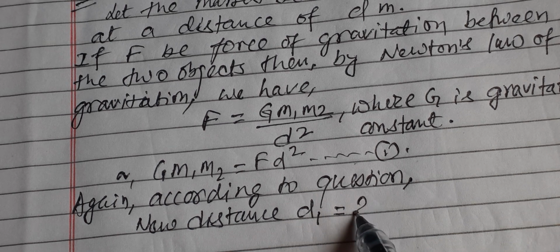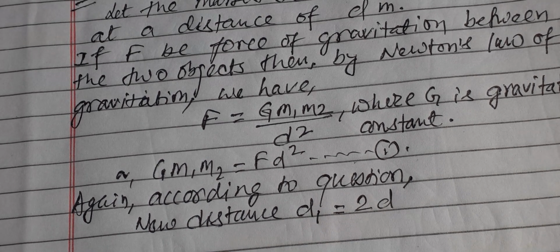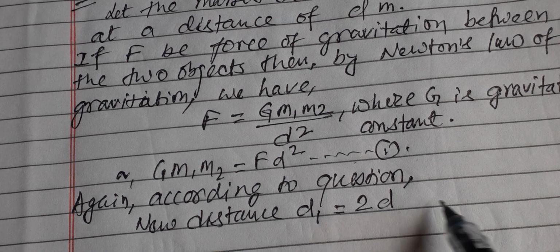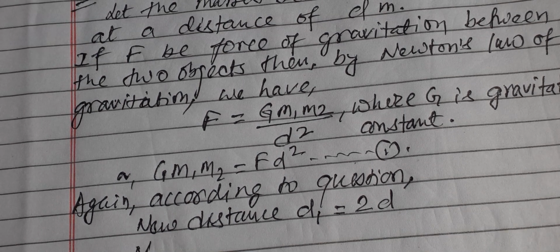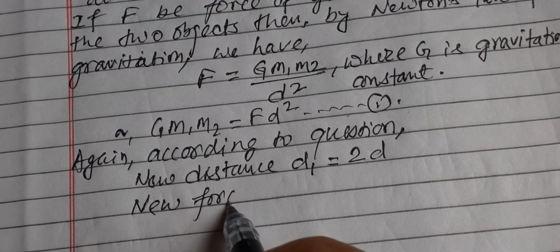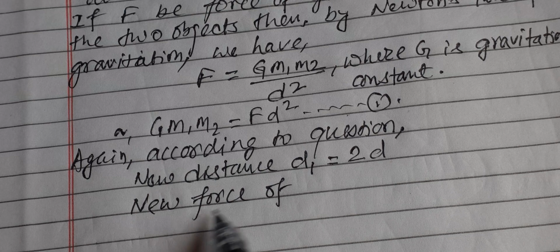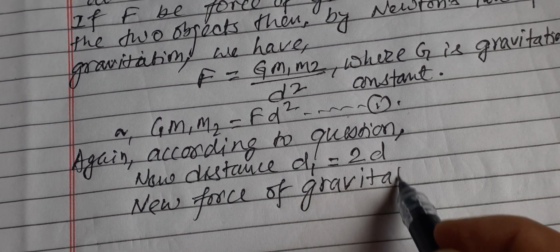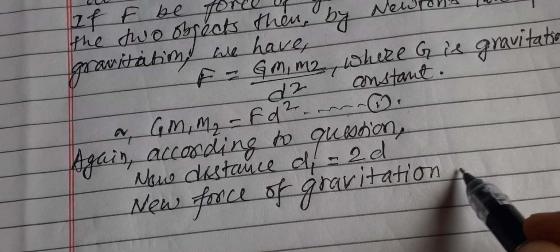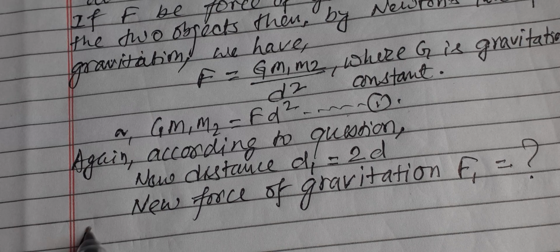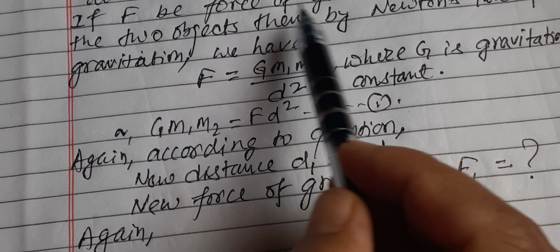So 2 times d, double of the previous distance, and we have to find the new force of gravitation, F1. So again we use the same law.